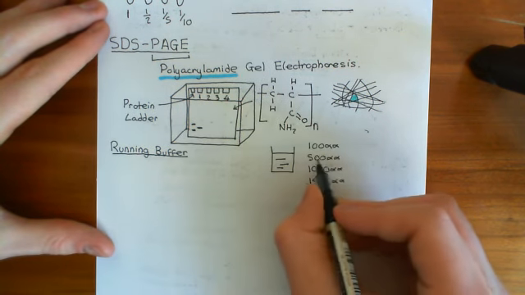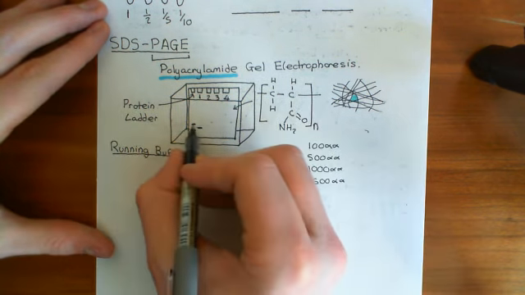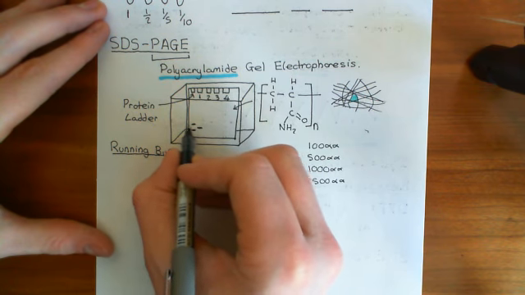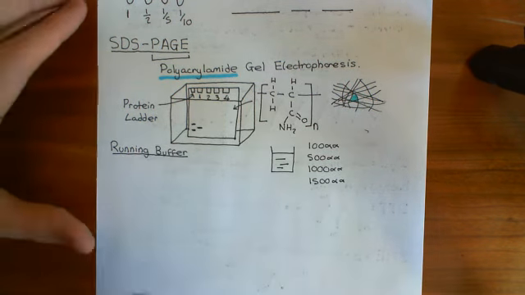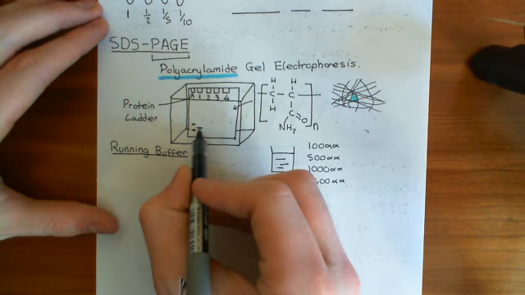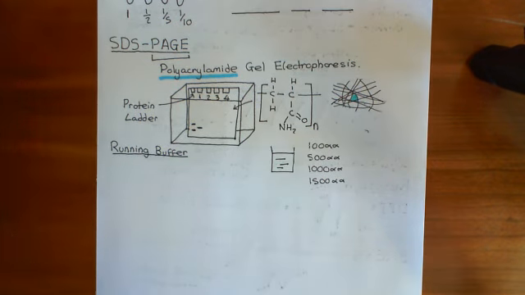And I know my second smallest protein was 500 amino acids, so I know that this is where a 500 amino acid protein got to. So therefore I can say that this protein is of a length somewhere in between my 100 amino acid and 500 amino acids.